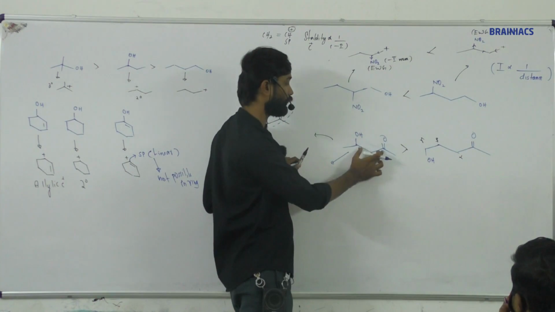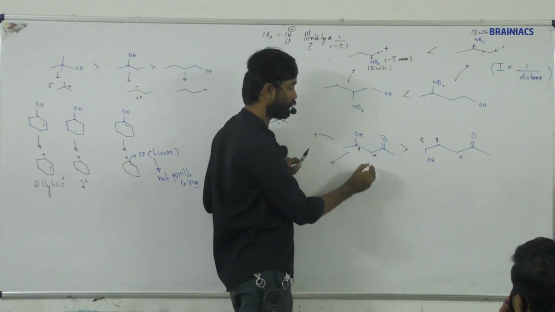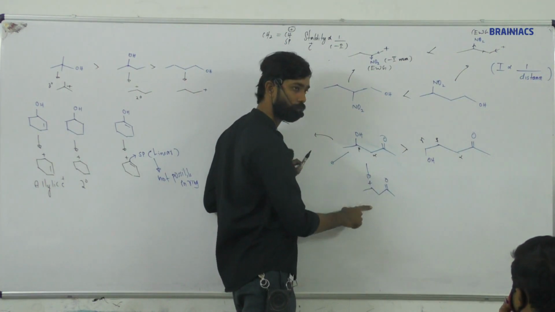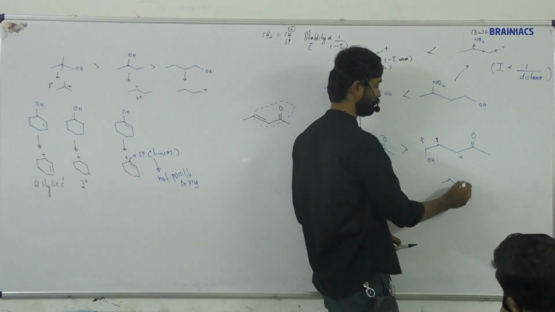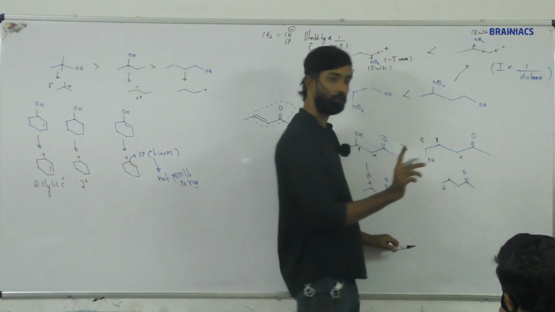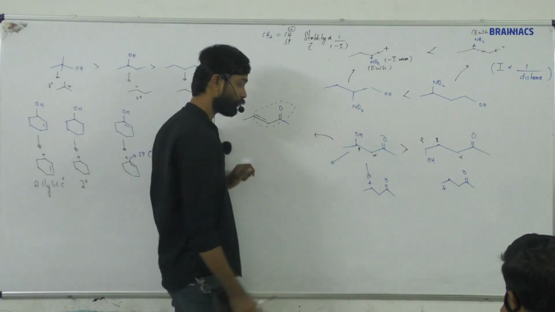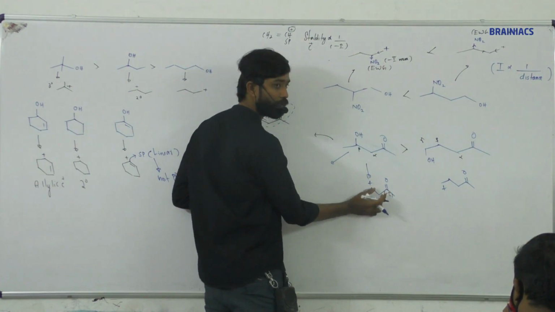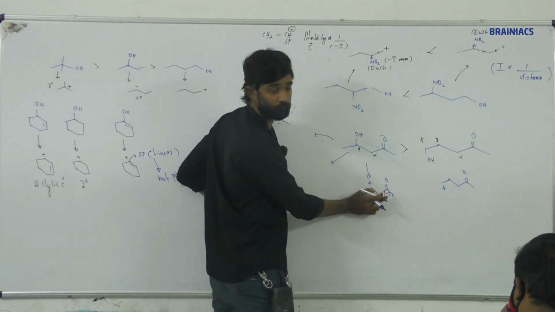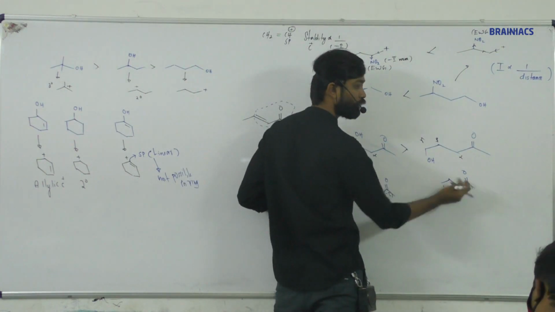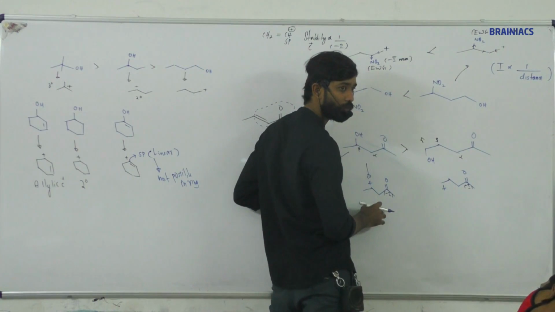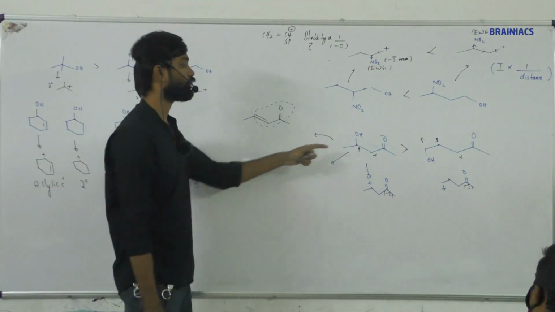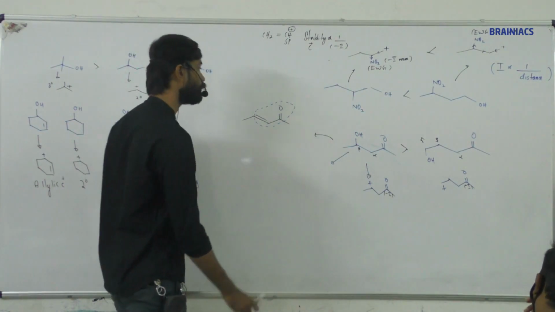So here will be the carbocation. What about the carbocation? Tell me. Here the minus I group is at a close distance. Our expectation is stability higher here and lower here, but the dehydration order is reversed because of the formed alkene.